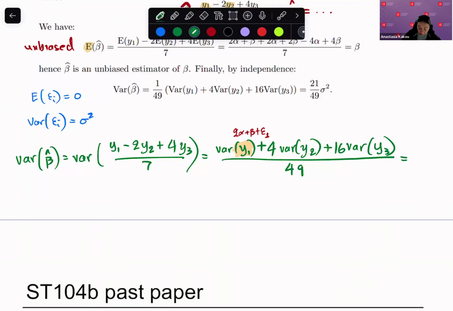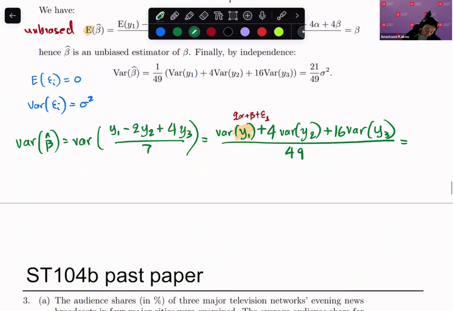The alpha and the beta are not random variables, so the variance of a non-random term is equal to 0. So we end up with the variance of the error term 1 plus 4 times the variance of the error term 2 plus 16 times the variance of the error term 3 over 7 squared.